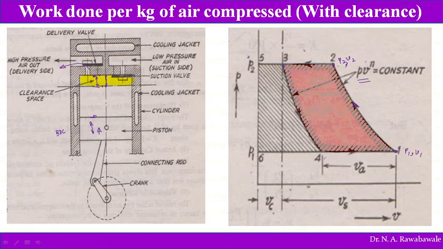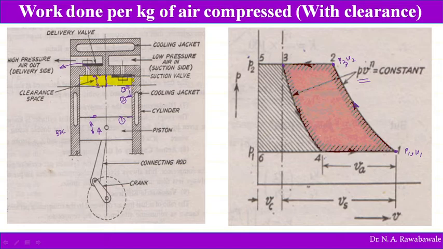When the piston reaches point 2, say this is point 1, the delivery valve opens. At that time the pressure has reached P2. Further movement of the piston from point 2 to 3 delivers the air to the reservoir.